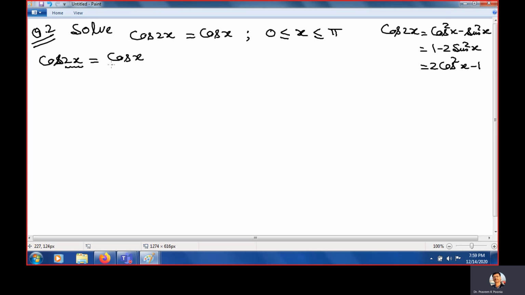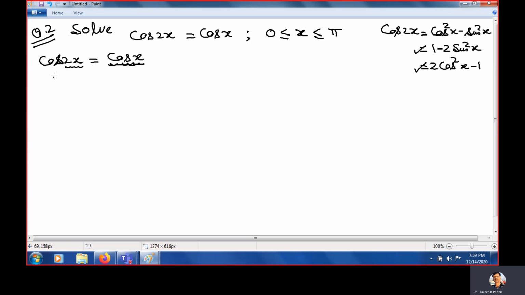So here, because cosine is given, we will use this one. If by chance sine is given, in place of cos x it is sine x given, then we use that one. Okay, so it means the question changes according to the condition.